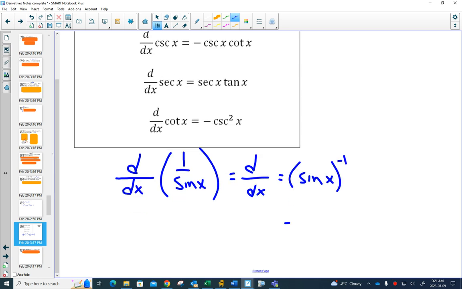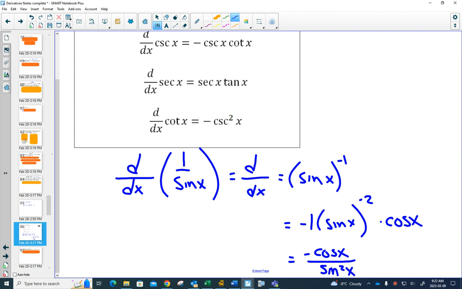And so because I can do that, I bring the negative 1 on in front, keep the inside the same, subtract 1 from the exponent, multiply by the derivative of the inside. And this would give me negative cos x over sine squared.